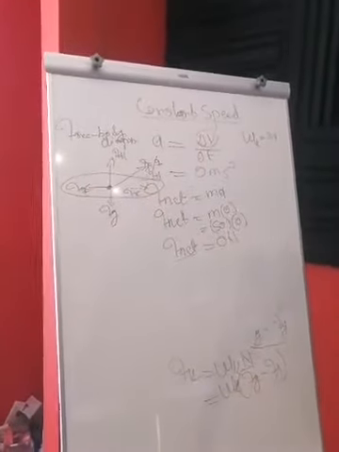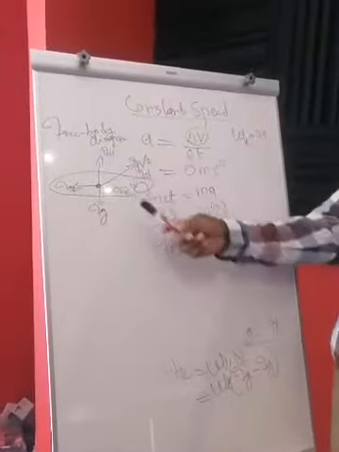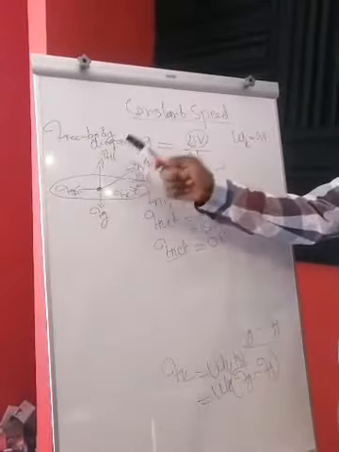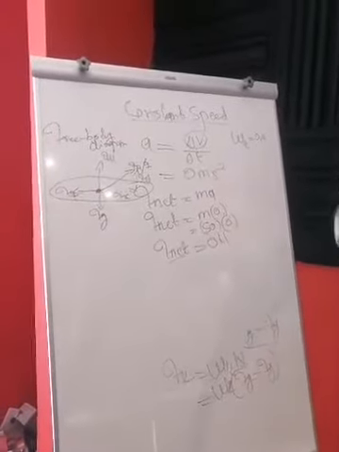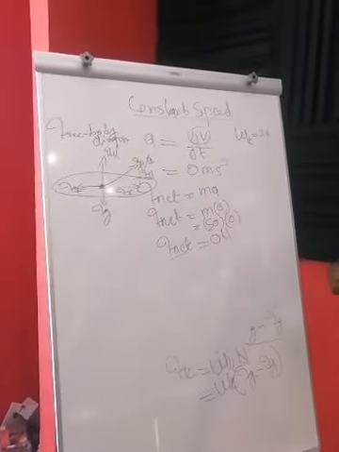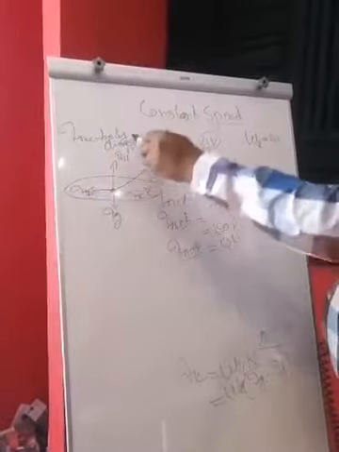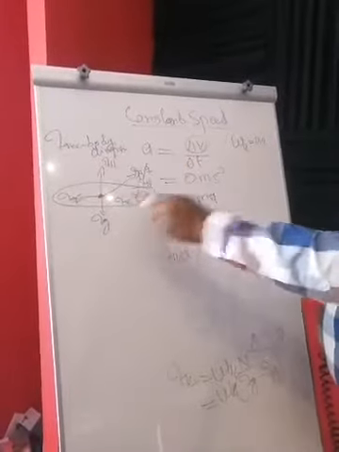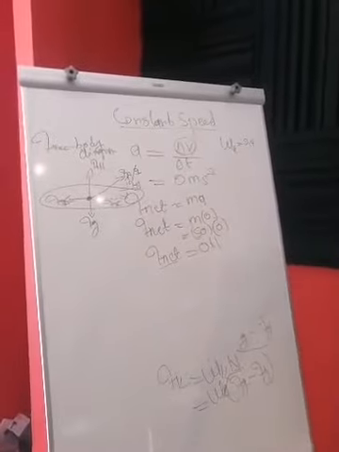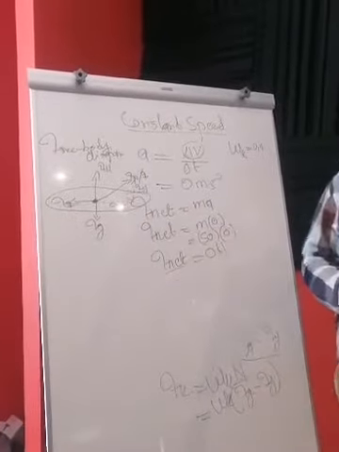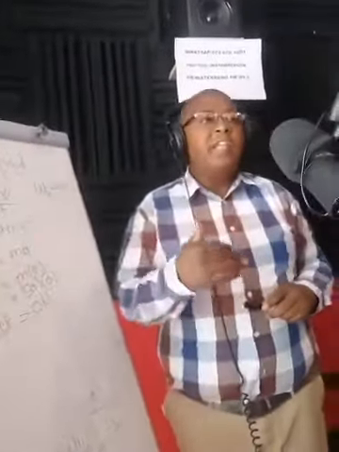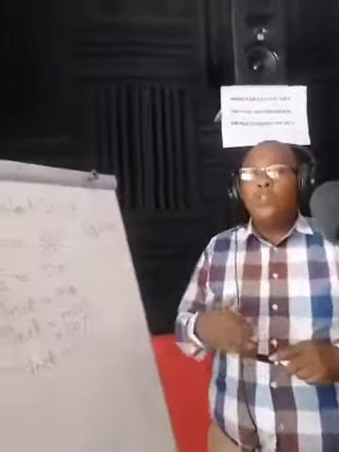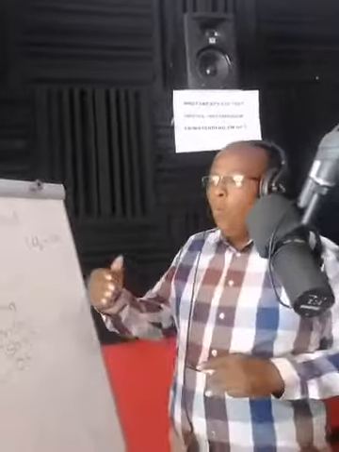Why am I not talking about the normal force and the Fg? Our normal force and the Fg are acting on a vertical plane, so they will not have any impact on the motion. The forces that have an impact on the motion are the ones we represent when we talk of the net force.